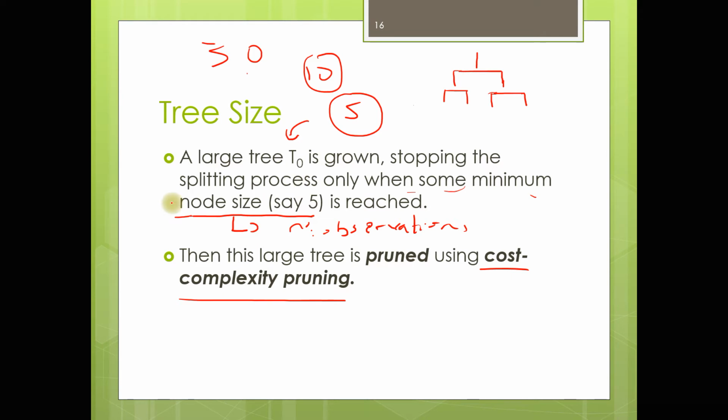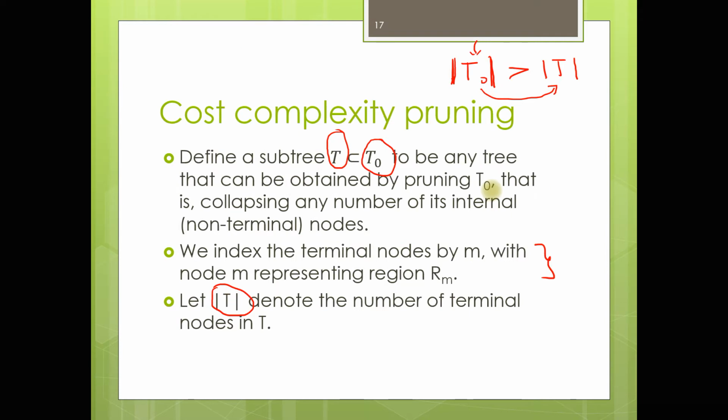The node size refers to the number of observations in a node. Whereas here we are not referring to the number of observations, but to the number of terminal nodes. And this is one of the ways that we will use to identify the size of a tree.